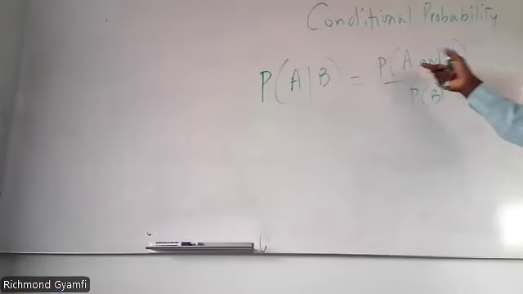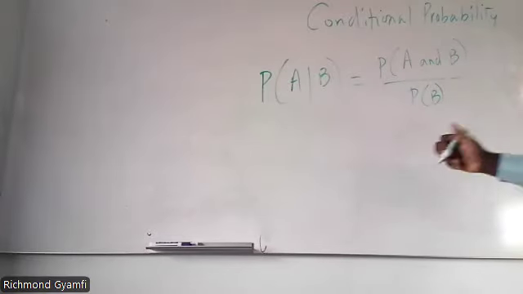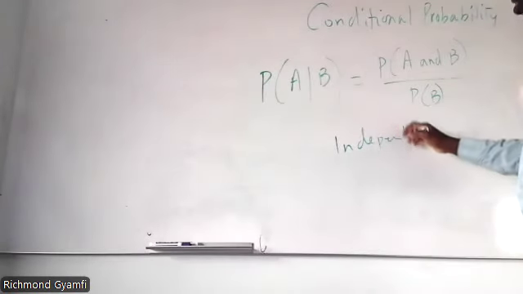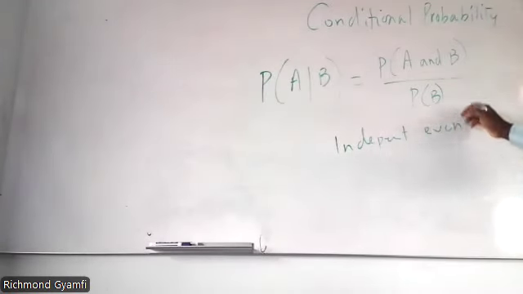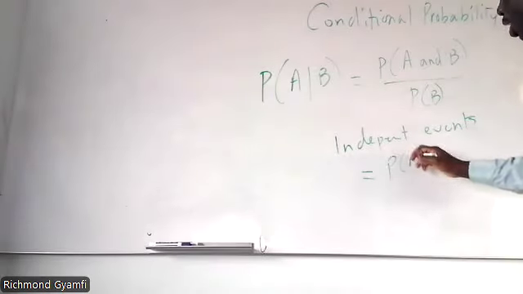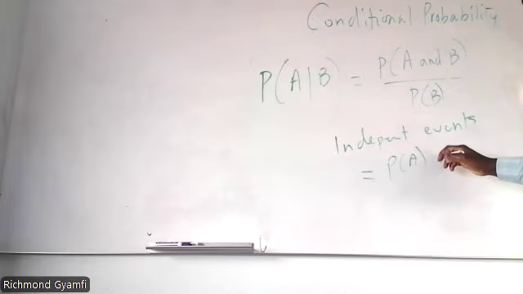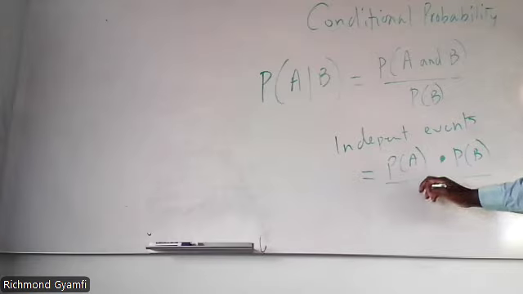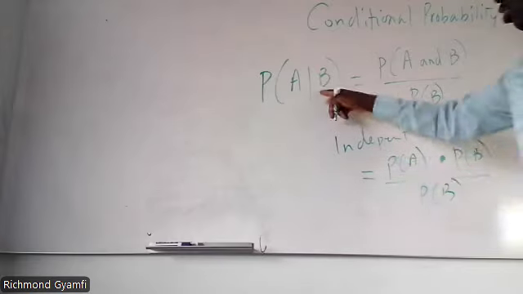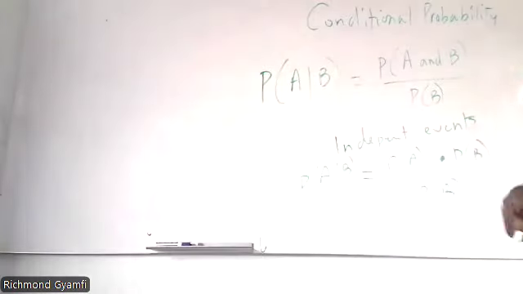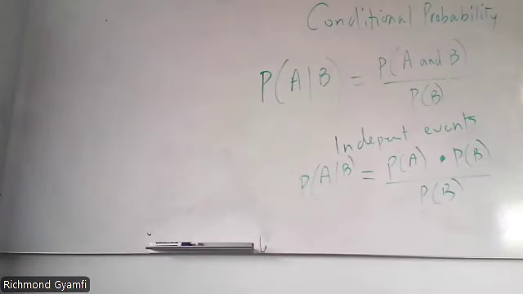The probability of A and B is the probability of A times the probability of B. So for independent events, this is going to be equal to the probability of A times the probability of B divided by the probability of B. And then you solve that.